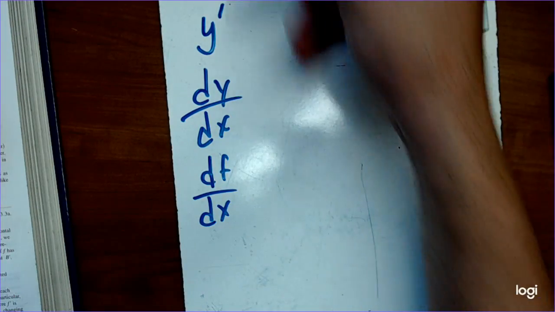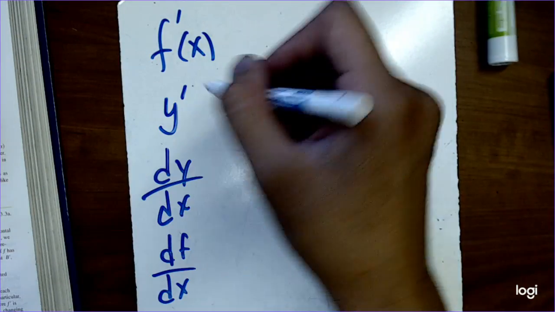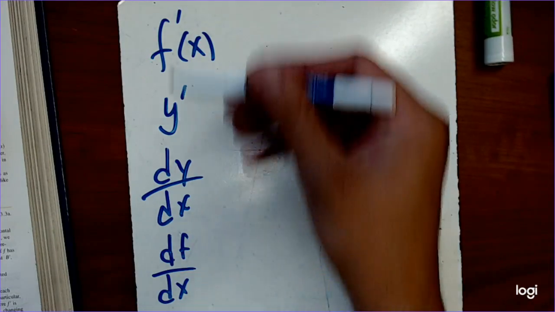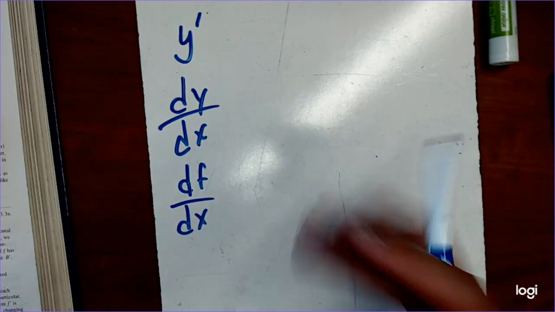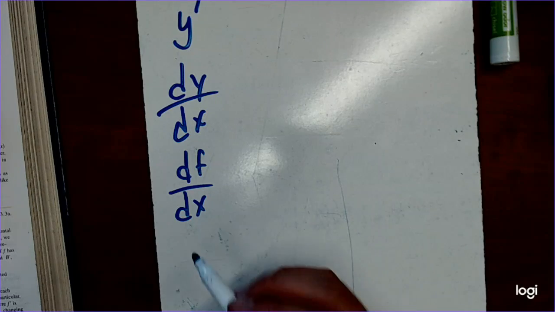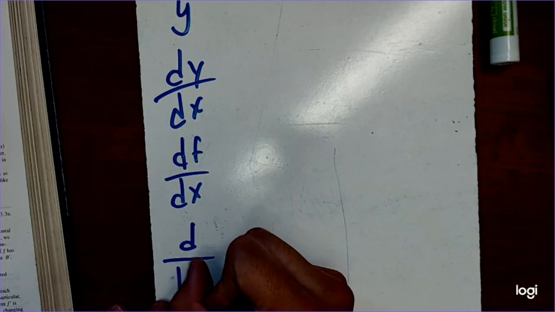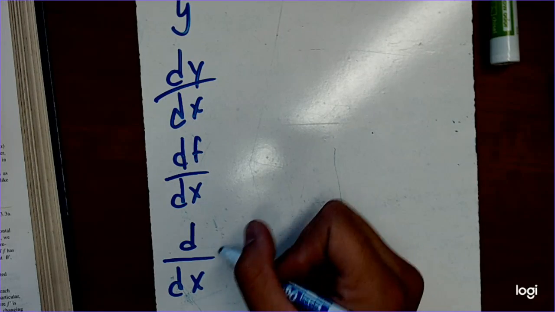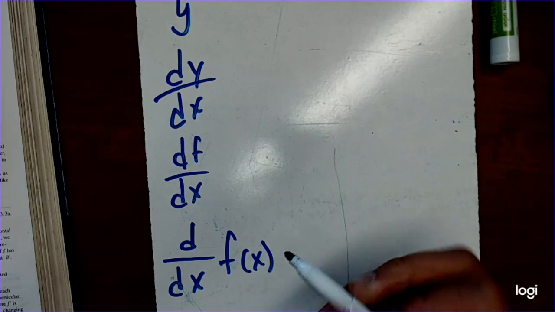So what we see here is some overlap. We could have function prime of x, or we could have y prime, because our functions have a bad habit of being solved for the letter y. So each notation ends up getting a double dose there. Or the final one is d over dx, or d dx of f of x. This is great.